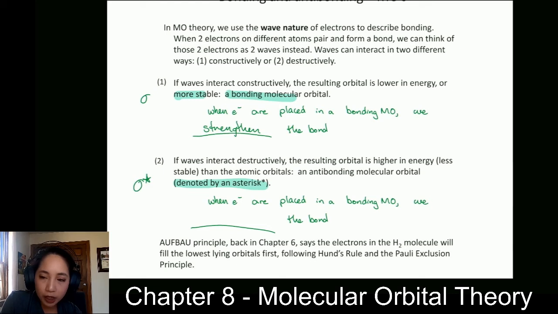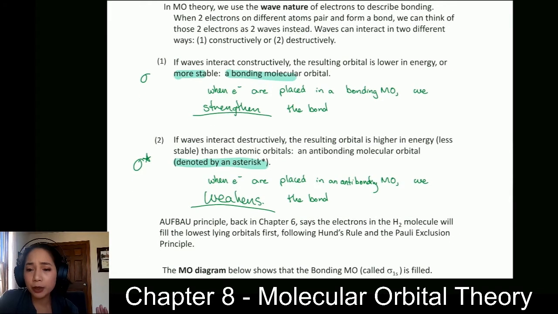If you put electrons in an antibonding orbital, because it's higher in energy than where it started originally, it weakens the bond overall.